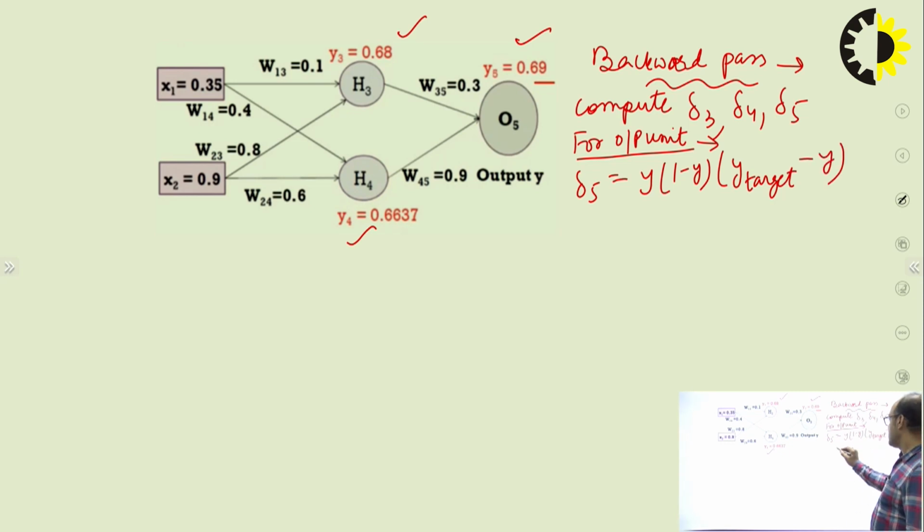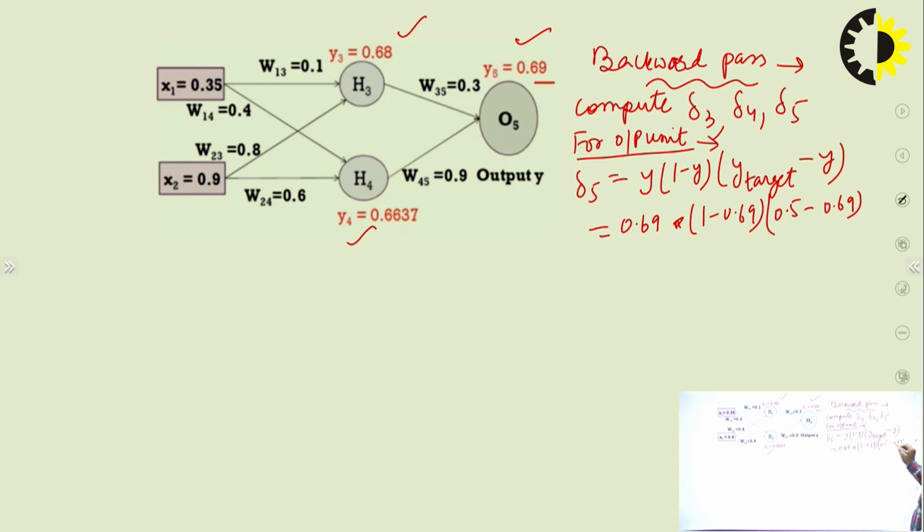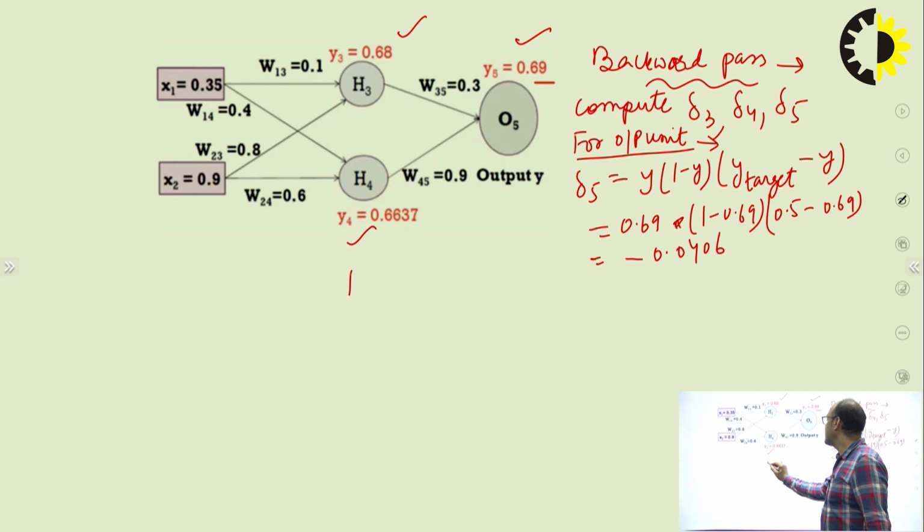The value of y is 0.69 multiplied by 1 minus 0.69. Y target is given in the question, 0.5 minus 0.69. So I have put the values here and after calculation I will get 0.0406.